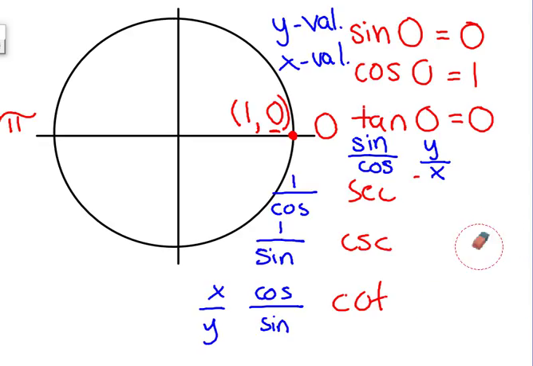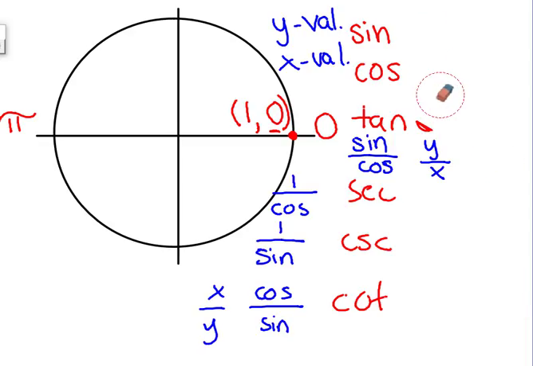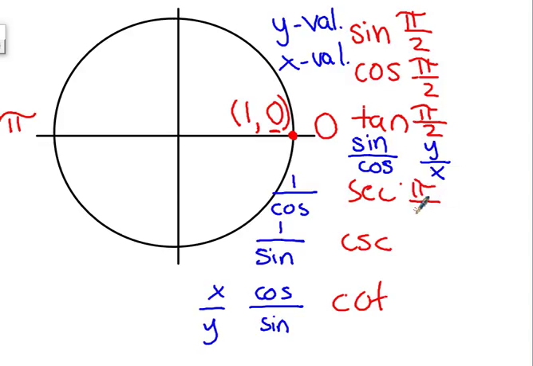We're going to now go over to pi over 2. At pi over 2, we're going to give the sine, cosine, tangent values for all of those. Hopefully you remember that pi over 2 is going to be at the top of the circle.